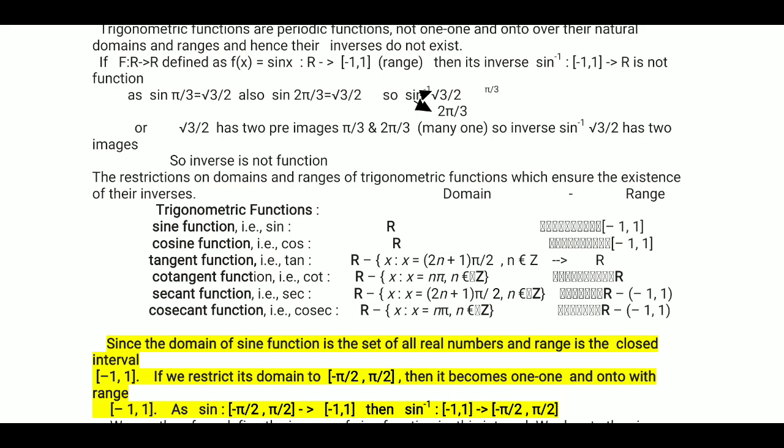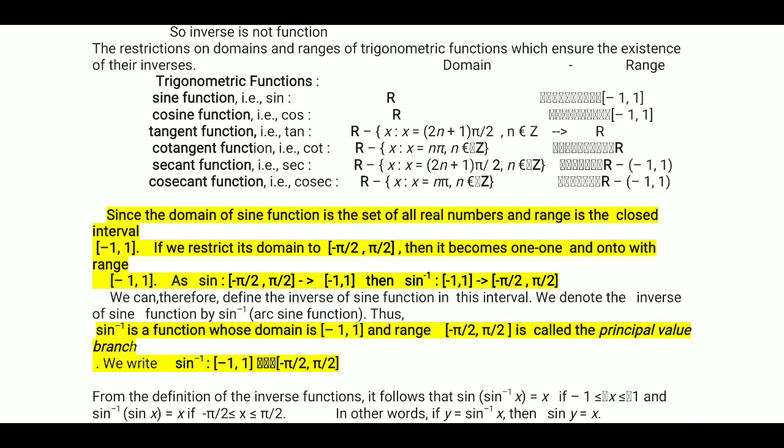The sine function has domain R and range [-1, 1]. The cosine function, cos, has domain R and range [-1, 1]. The tangent function, tan x, has domain R minus {x such that x = (2n+1)pi/2, n belongs to Z}, and range R. Similarly, the cot, sec and cosec functions have their different domains and ranges.